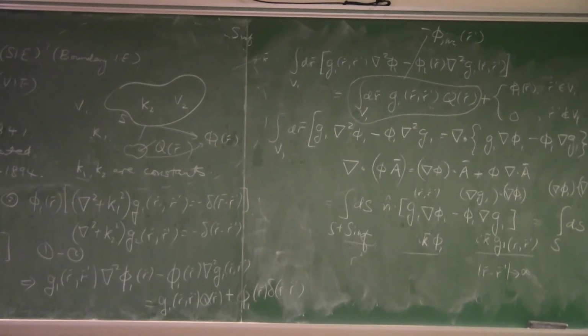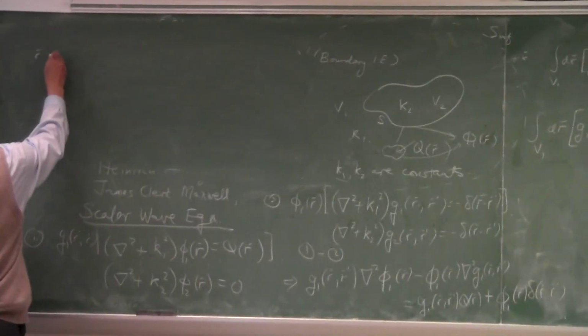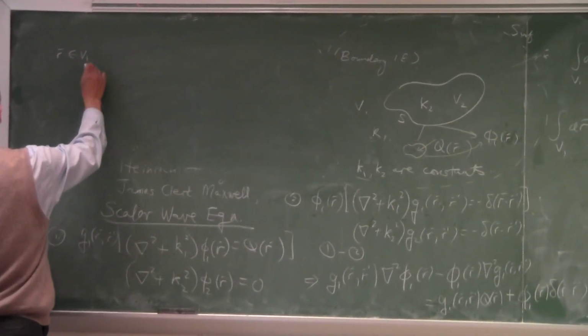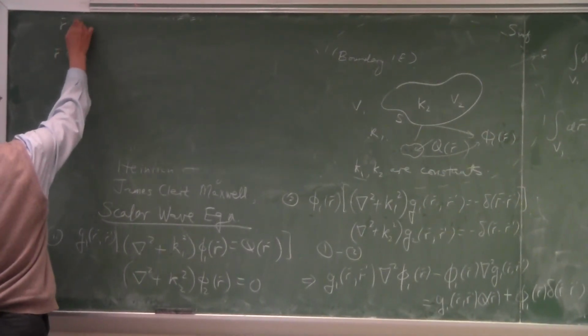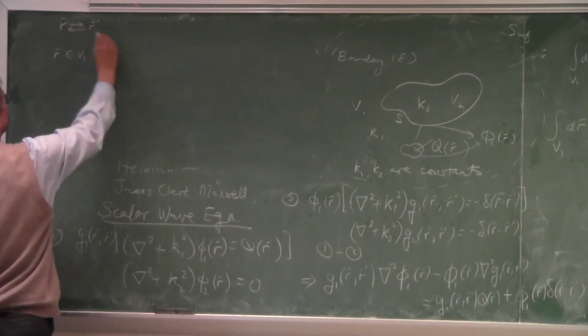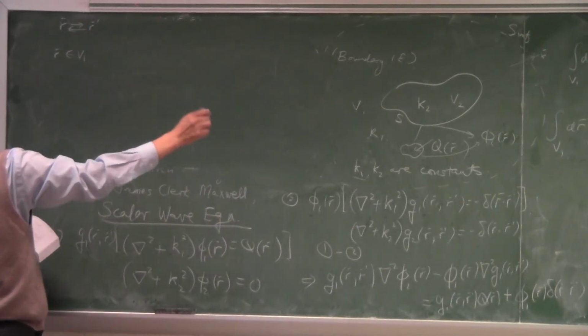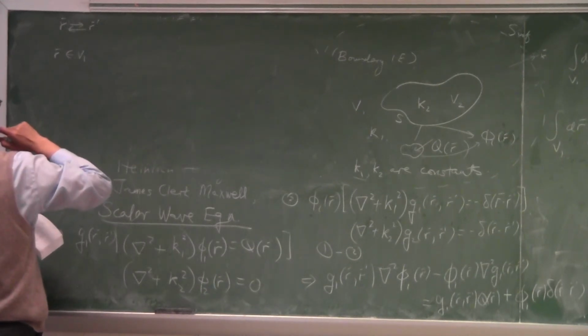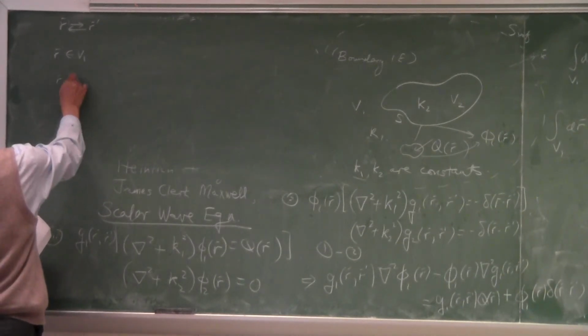So finally, I will have this equation from my textbook, which I can write down over here. R and R prime are swapped in this equation compared to those equations. There I used R prime for the observation point and R for the source point. I'm going to swap them over here.